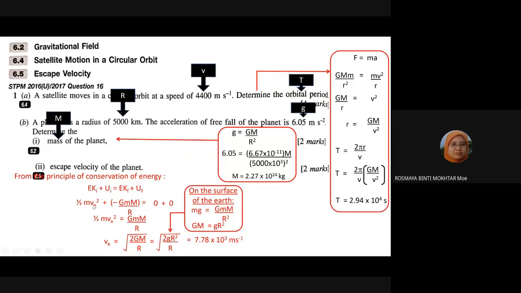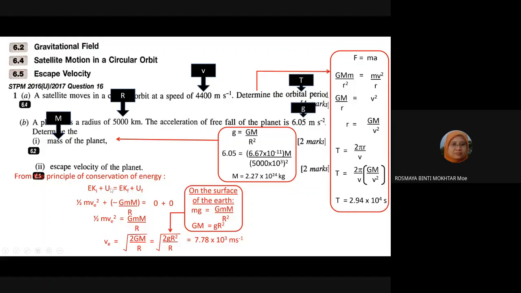The velocity must be larger than the escape velocity or at least equal to it. So the kinetic energy given at the launching moment is half mv squared. Then plus the initial potential energy.